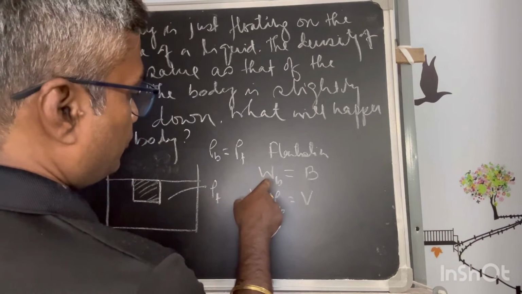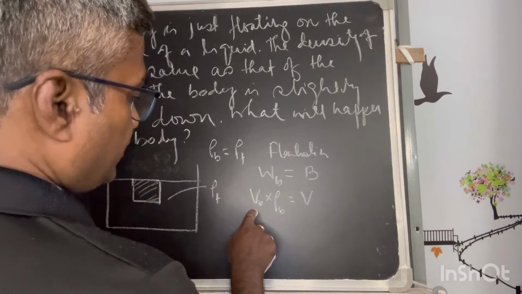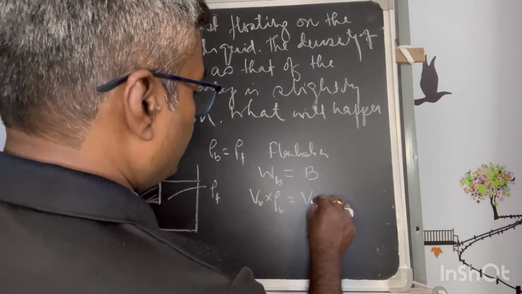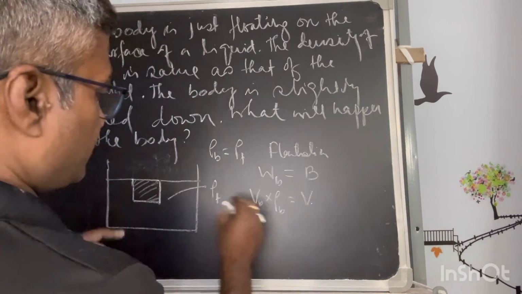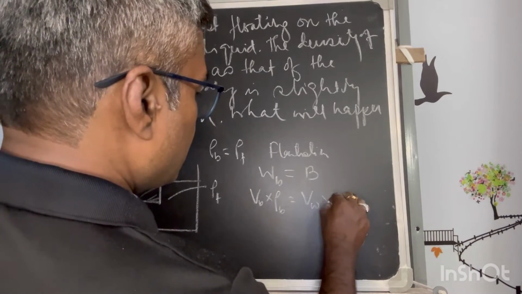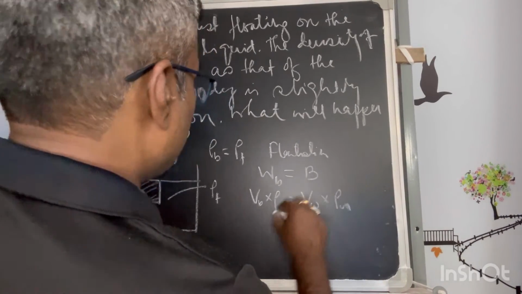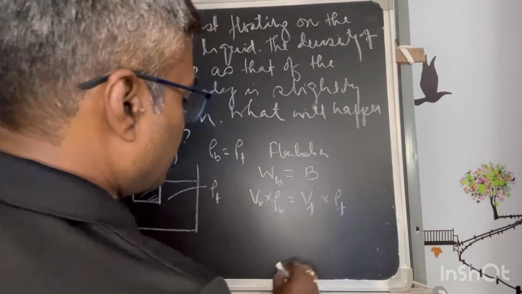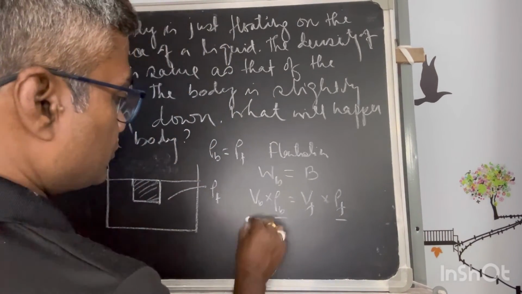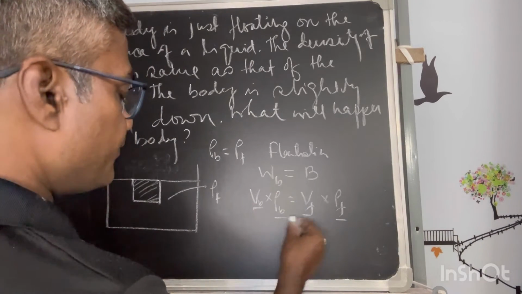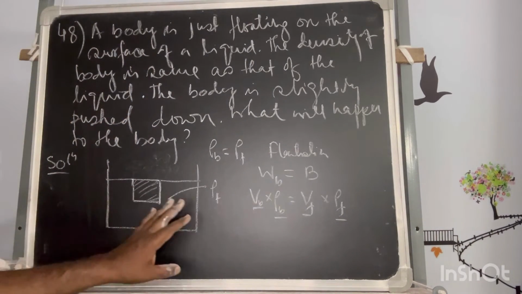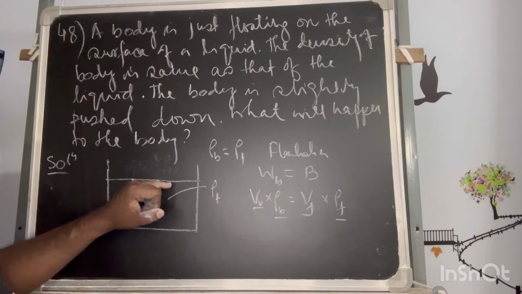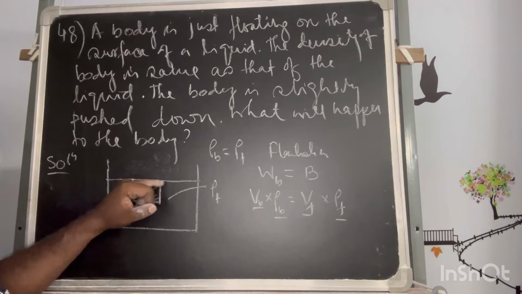So weight of the body is rho V, volume of the body. And this is volume of the water dispersed. If it is just floating, this is equivalent to the volume of fluid dispersed, rho of the fluid. Now this is equal to this, so this must be equal to this. So this is the flotation when the body is just on the surface.